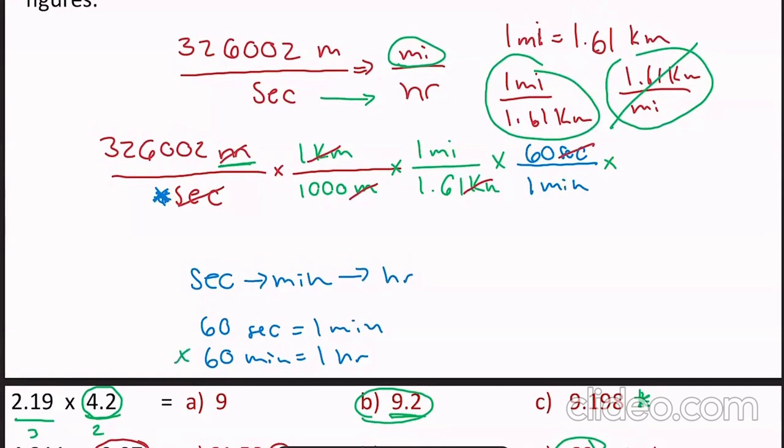According to our definition here, there's 60 minutes in 1 hour. These units cancel out, and I'm only left with 2 units now. We had to convert from miles to hour, and the only units that I have not canceled out are miles and hours. So let's make this calculation real quick.